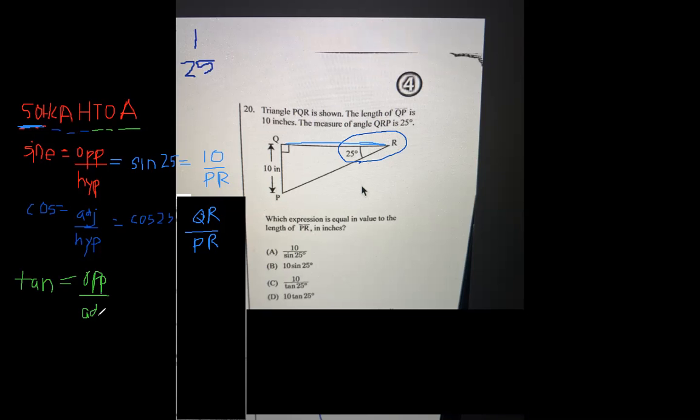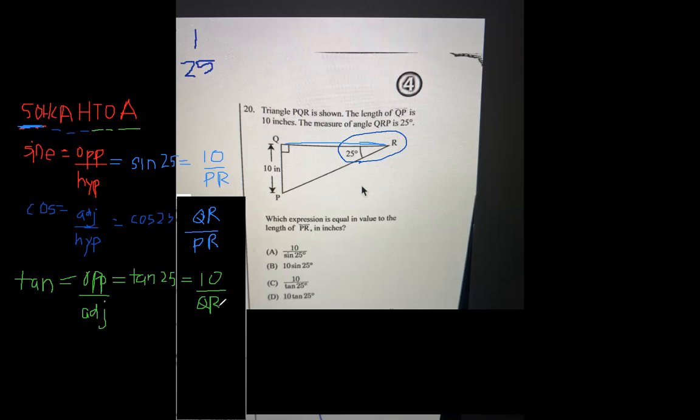Going back to the problem, the tan of 25 is the opposite of this angle, 10, over the adjacent side, QR. So this is how we can use SOHCAHTOA when we have a basic knowledge.